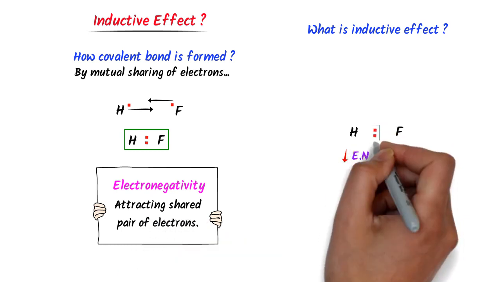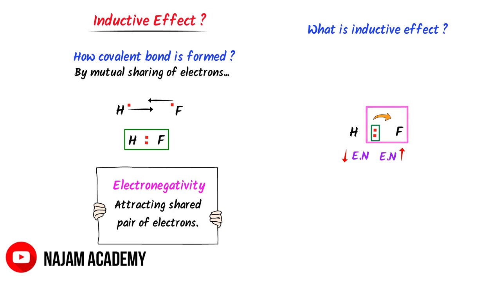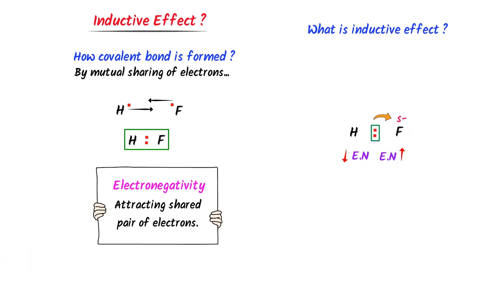Here, fluorine attracts the shared pair of electrons toward itself because it is more electronegative. As a result of this, the electronic cloud would tilt more towards fluorine than hydrogen. So a partially negative charge appears on fluorine and a partially positive charge appears on hydrogen.